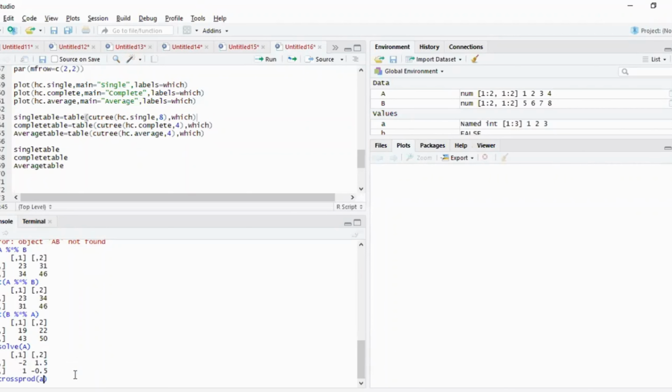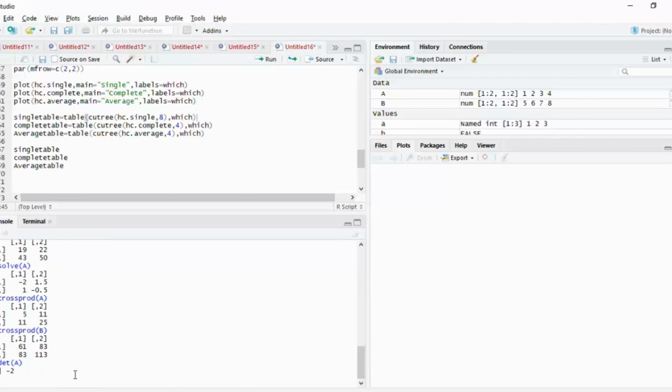Cross product of A means A transpose multiplied by A. Cross product of B means B transpose into B. If I want to calculate the determinant, simply say det A. Done. Your determinant is calculated.